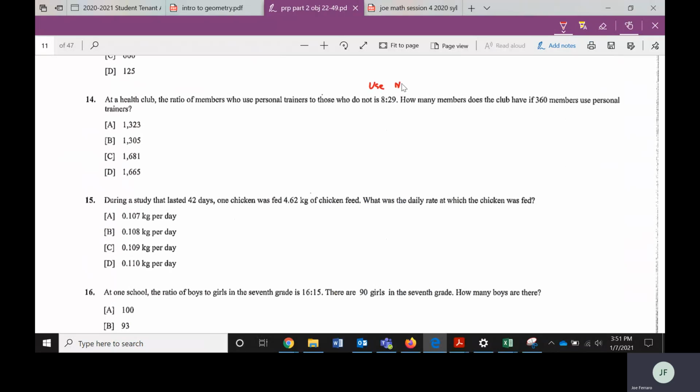And to make it quicker, I'm just going to put no use or don't use. Okay. So 8 use a personal trainer, 29 do not use a personal trainer. It says, how many members does a club have if 360 members use a personal trainer?